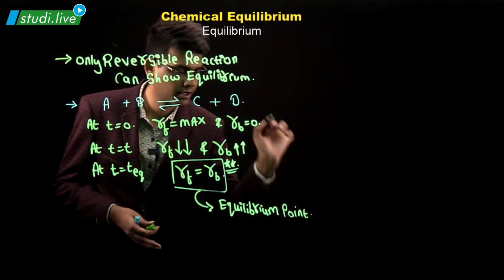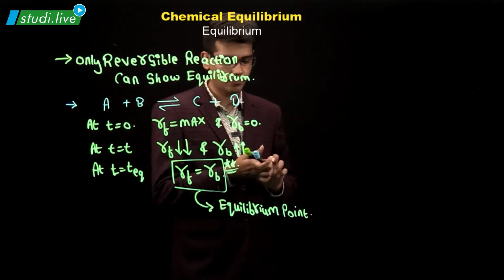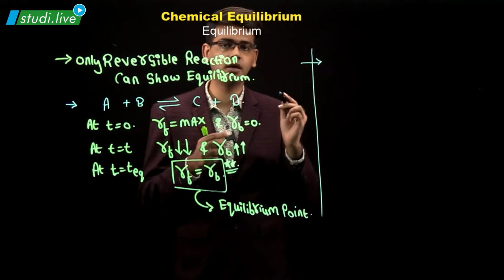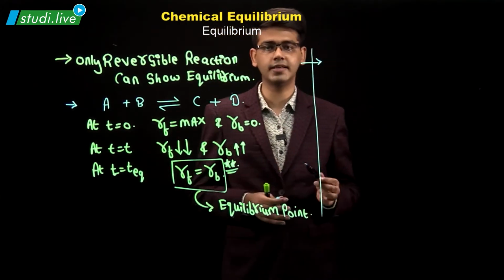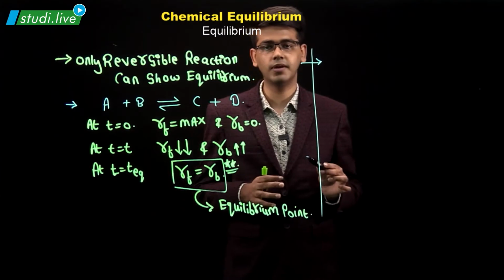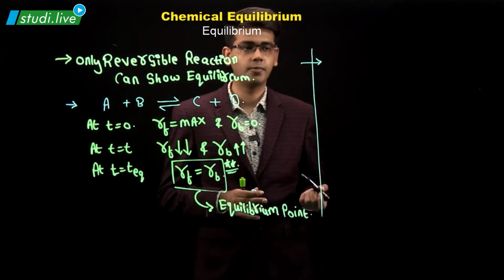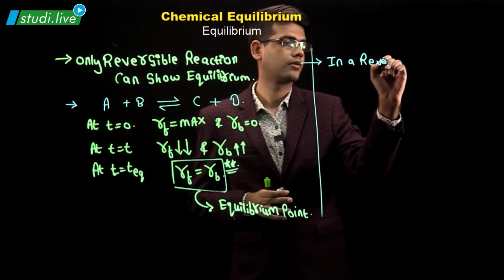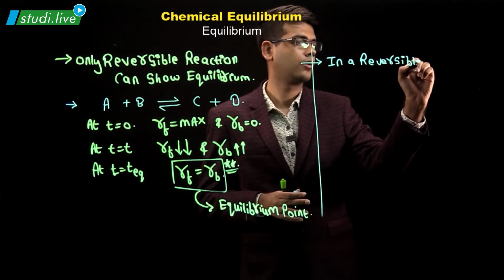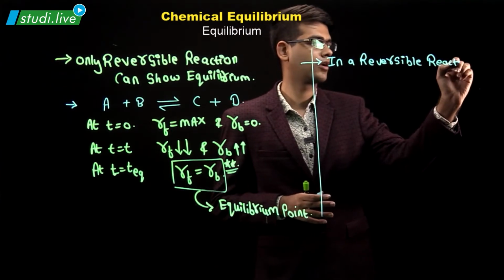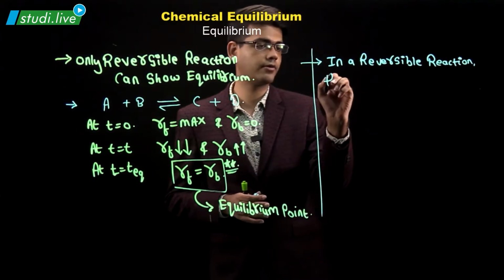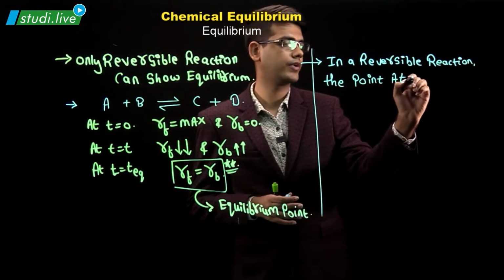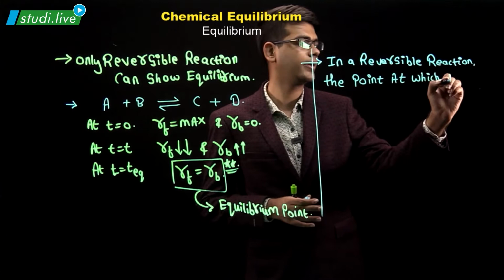Formally, we can say that for any reversible reaction, again as I said, equilibrium will only be seen in the case of a reversible reaction. Irreversible reactions will never show equilibrium. So in a reversible reaction, the point at which the rates become equal, and after also.